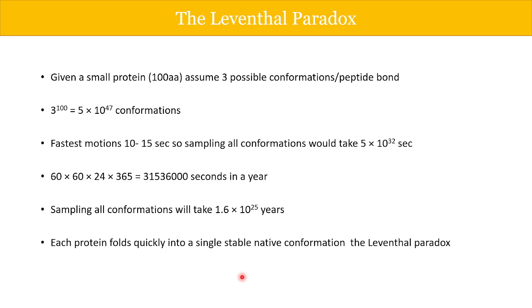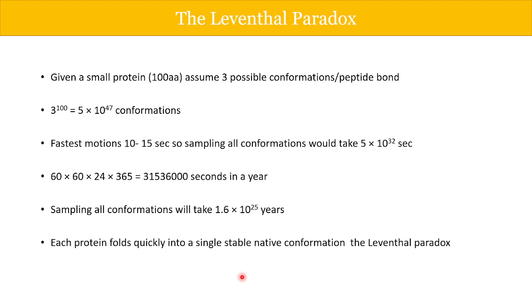So the Levinthal paradox, what does it say? For example, if you have a protein of 100 amino acids and each residue can attain around 3 different conformations, let us assume that. Upon taking such an assumption, it's 3 to the power 100, and we consider that there can be around 10 to the power 47 conformations that a protein of 100 amino acids can attain.